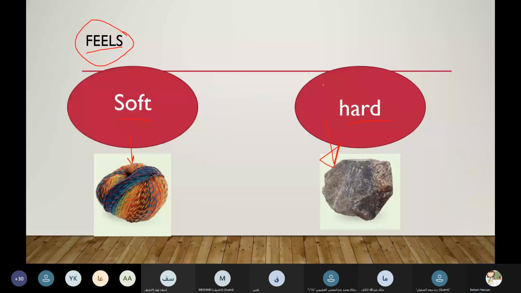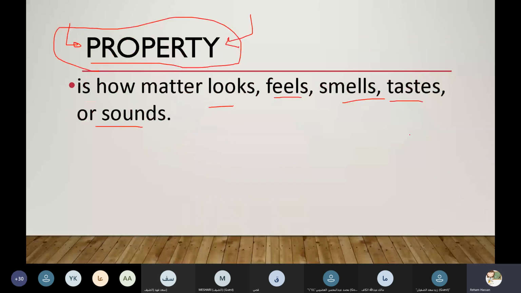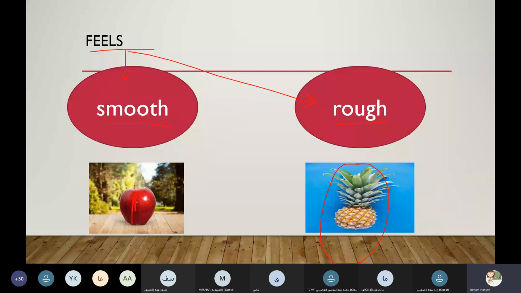Yes, Saqar. Yes, honey. Can you tell me about the property of matter? Teacher, did you call my name? No, honey. So some feels? Feel, smell, taste, sound. Super boy, the property. Thank you so much, honey. Like what?